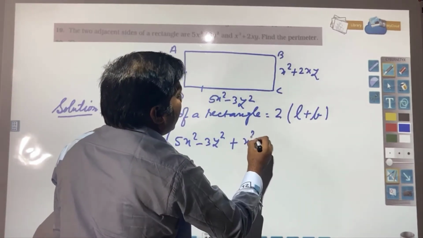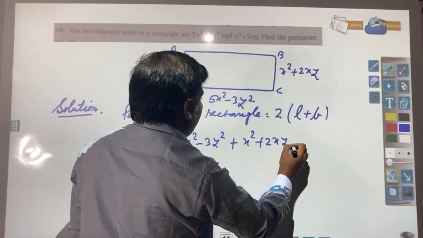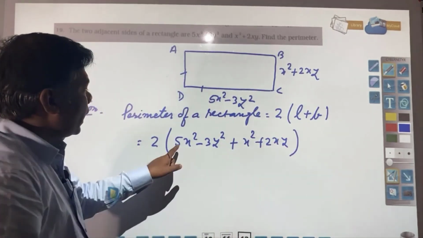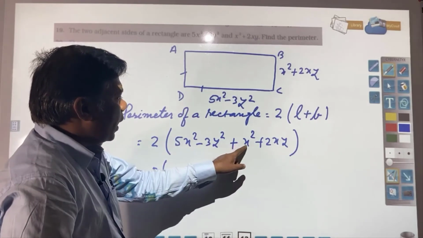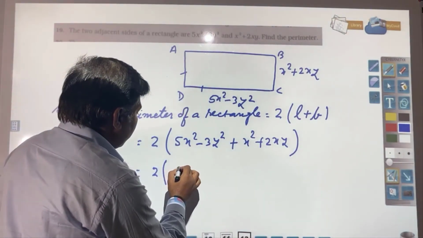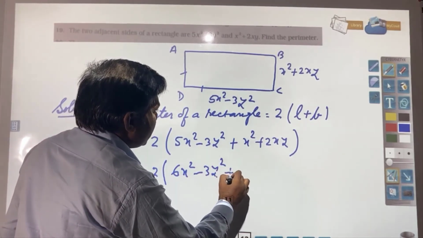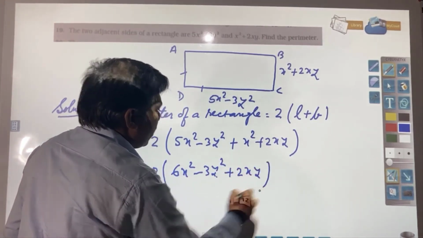B means x square plus 2xy. Now here you see the like terms, 5x square and x square. So it will become 6x square minus 3y square plus 2xy.